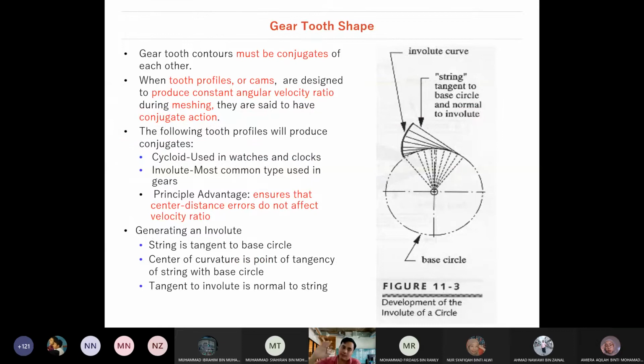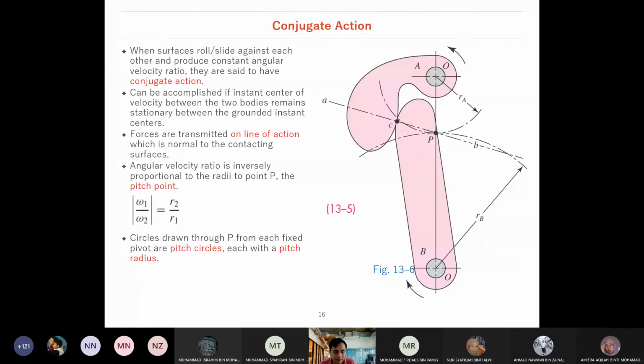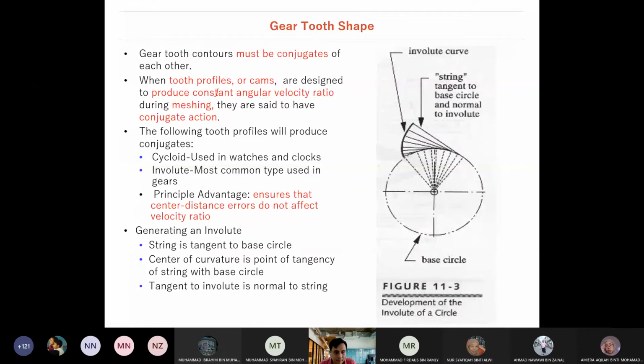Kita go to the next slide, which is the gear tooth shape. Gear tooth shape, kenapa kita kena belajar ni? Kalau awak perasan, gear ni is not a straight line.